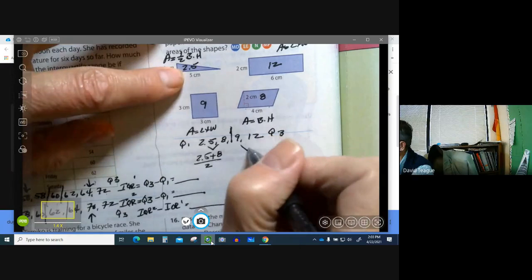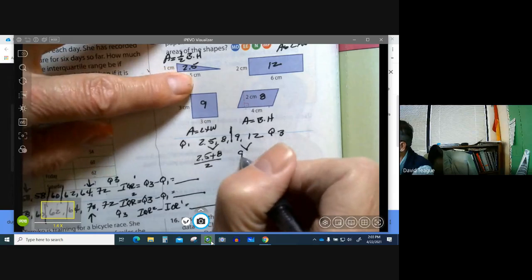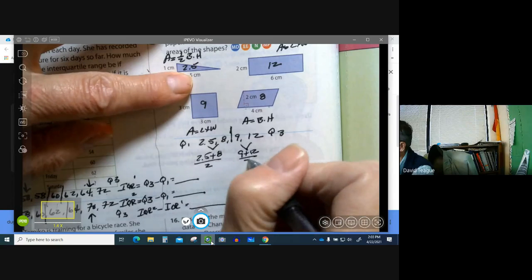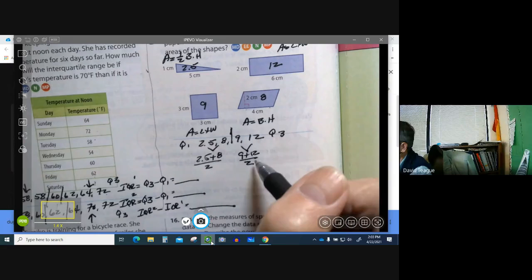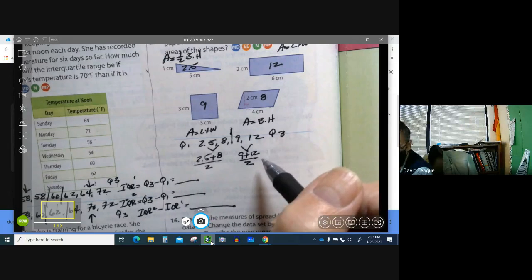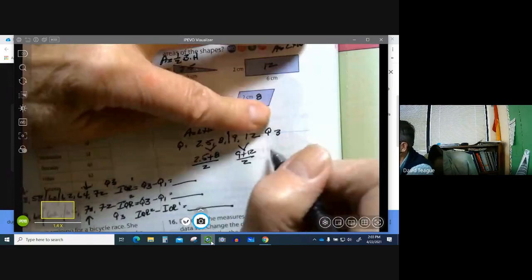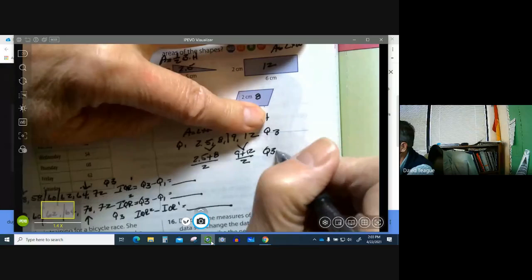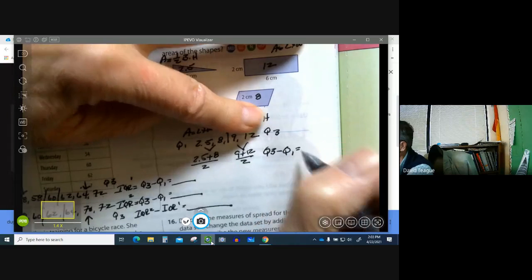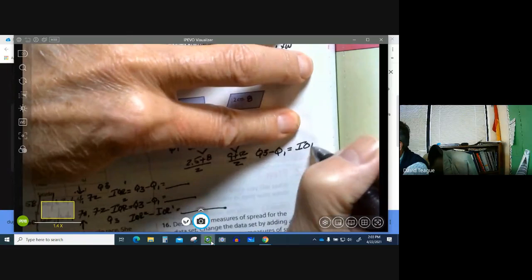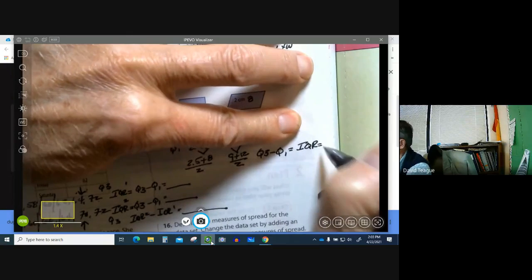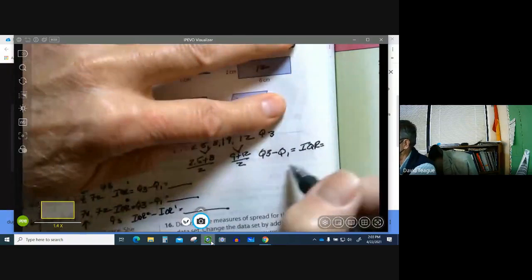And then you're going to do the same thing for here. So 9 plus 12 divided by 2 is going to give you your median for Q3. So then you're going to take Q3 minus Q1, and that'll give you your IQR. And that's your answer.